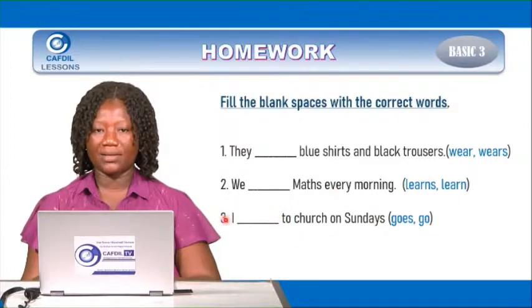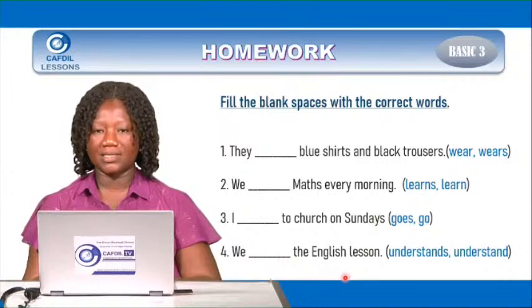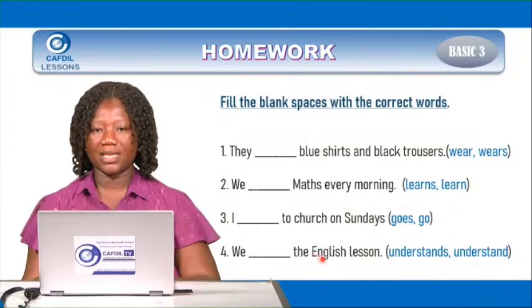Please remember that we are using I. We, our action would be understand or understands. Then you put it here to complete the sentence. Question 4, we dash. So you choose one of the action words here to complete it.